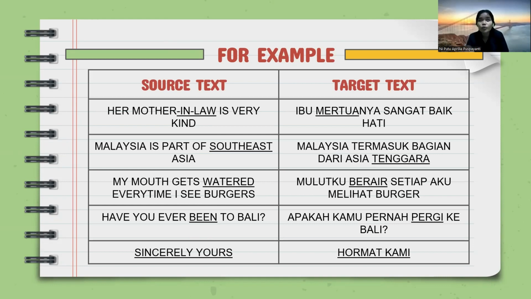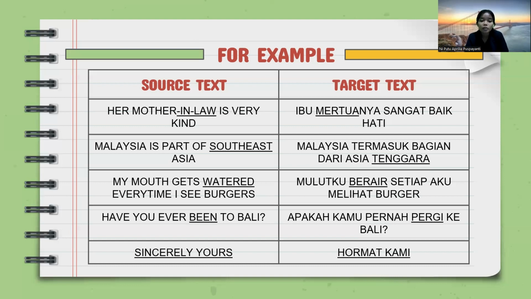If we translate mother-in-law word by word, mother is ibu or mama, in is dalam, and law is hukum. If we translate one by one, word by word, the meaning is ibu dalam hukum. But since we use established equivalent as the translation technique, the target text will be ibu mertuanya sangat baik hati.